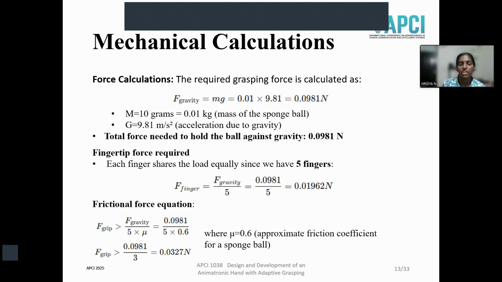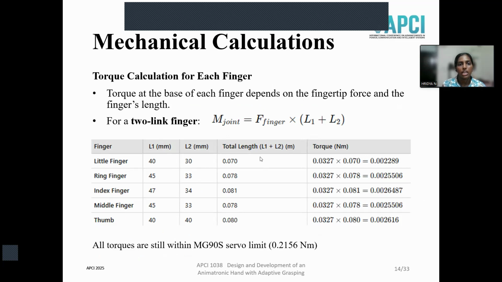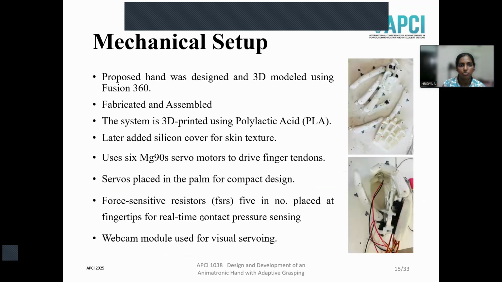We find the fingertip force by dividing it by 5, as each finger shares the load equally. The frictional force is also found using the frictional coefficient for the sponge ball, that is mu equal to 0.6. Torque is calculated by fingertip force times total finger length. We have calculated the torque for each finger, and all torques are within the MG90 servo limit.